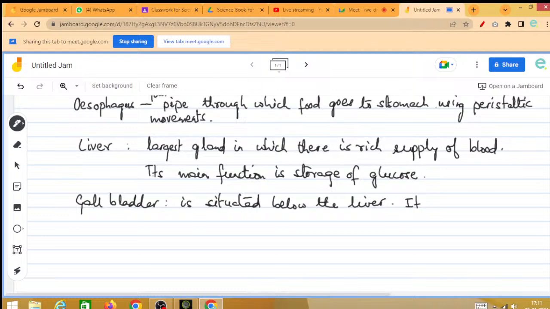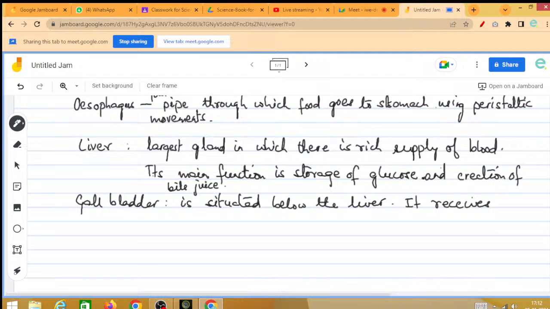So we have to say the liver's main function is storage of glucose and it has the creation of bile juice, and the gallbladder's main function is the storage of bile.